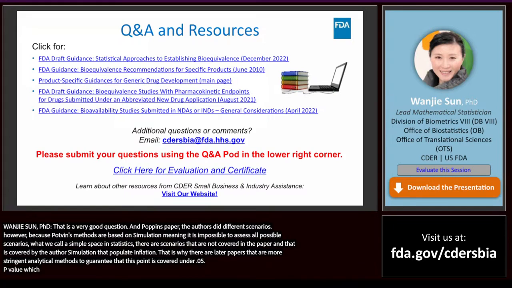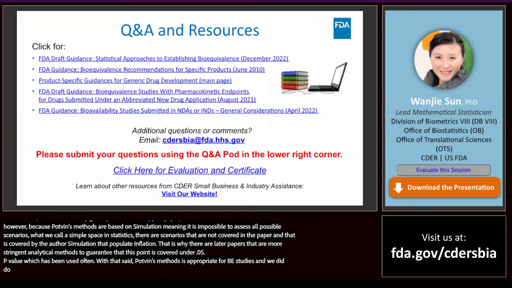With that said, Potvin's methods are appropriate for bioequivalence studies, and we did extensive simulations later on. There was a poster two years ago at APS.